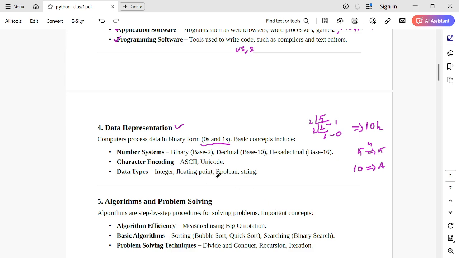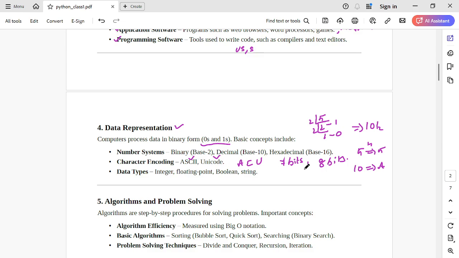Next is character encoding. We have ASCII encoding as well as Unicode encoding. So you can specify ASCII encoding as a subset of Unicode encoding. That means ASCII is a part of Unicode encoding. The original ASCII is represented using 7 bits, and now the ASCII we are using is of 8 bits, right?